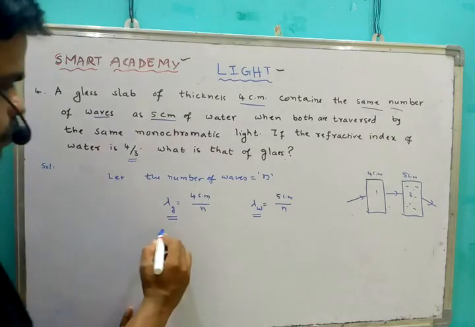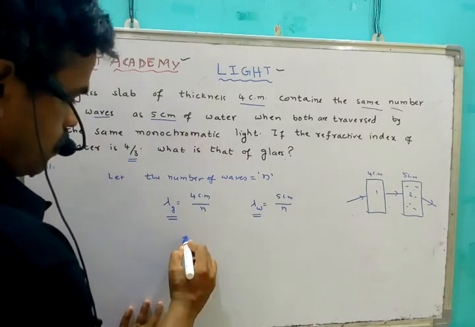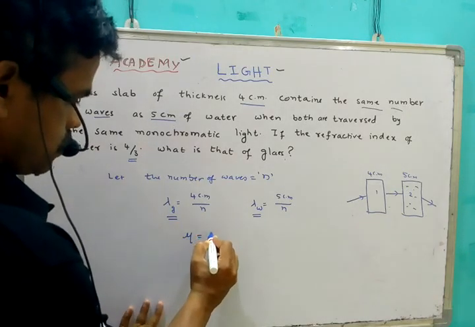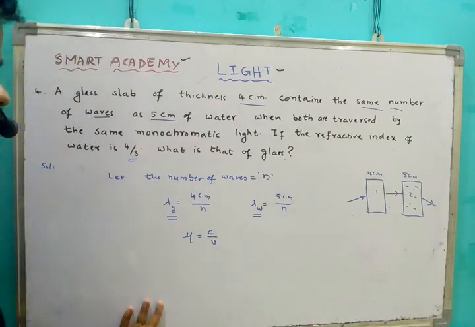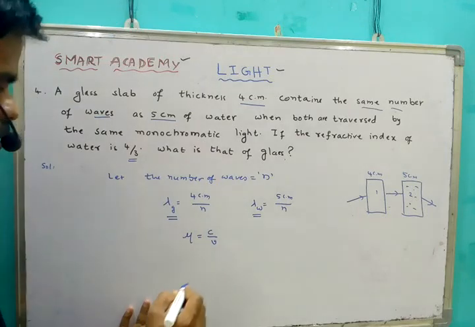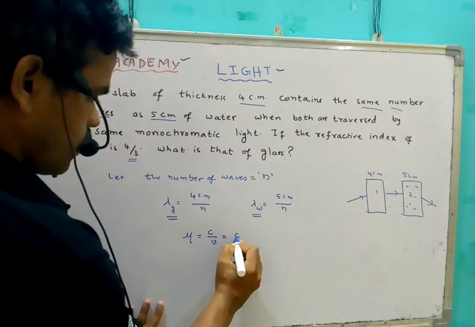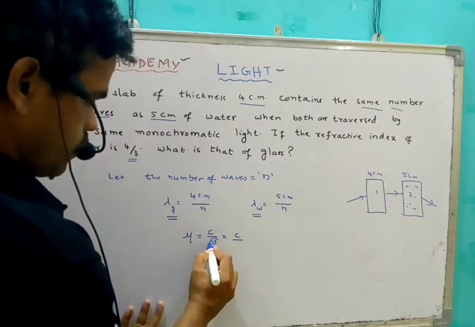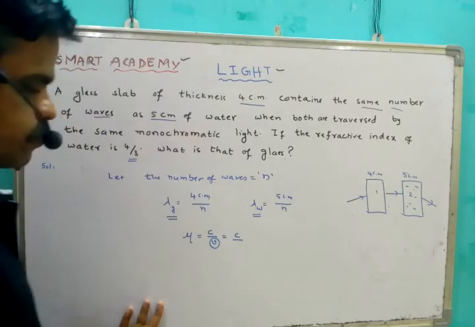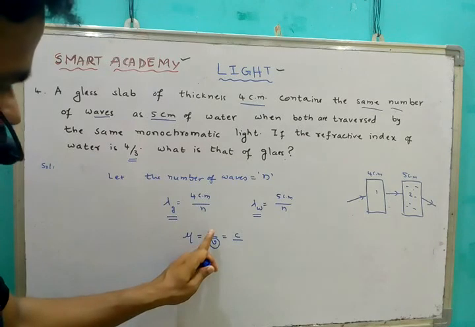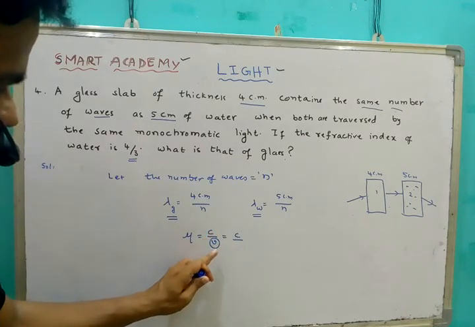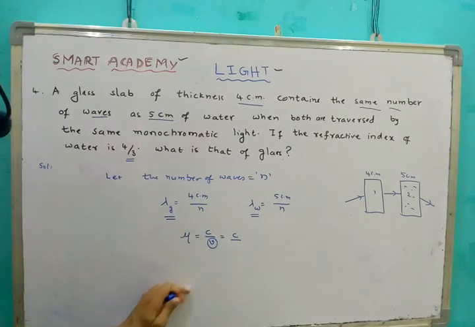So what is the relation between refractive index and wavelength of light? Here mu equals c by v, where c is the light velocity in free space and v is the light velocity in a medium.